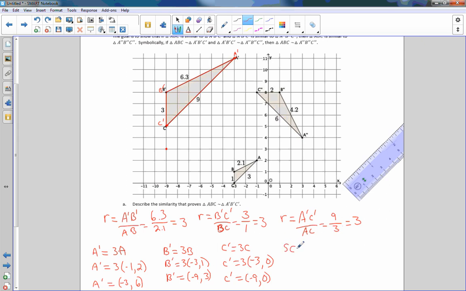So I'm going to say, scale triangle ABC up by a factor of r equals 3, and then translate x comma y to x comma y plus, and we went up 5. So that proved ABC is similar to A prime, B prime, C prime.